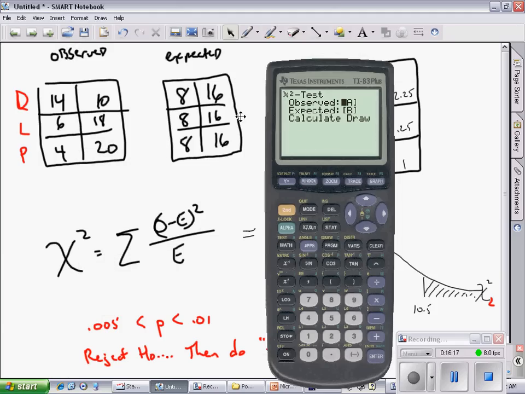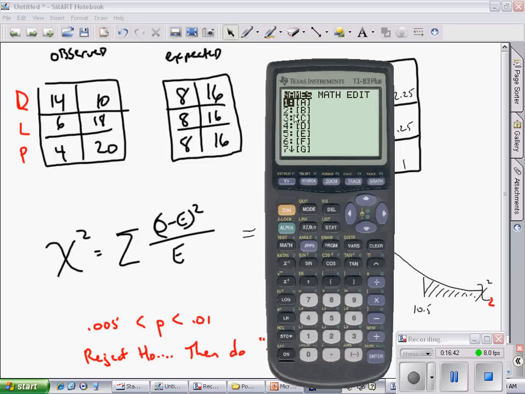Now, we figured out the expected matrix by doing some calculations. Calculators are quite good at doing calculations. This matrix is not where it's going to find the expected values. It's where it's going to store the expected values. All you have to do is enter the observed values in matrix A. So go matrix, which was second inverse. There's matrix.